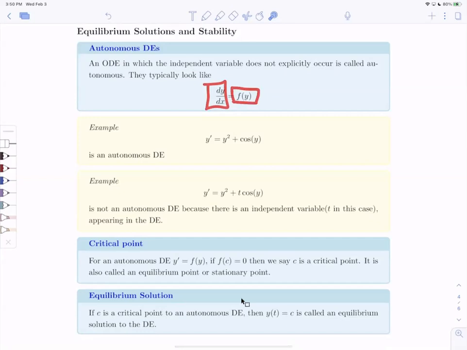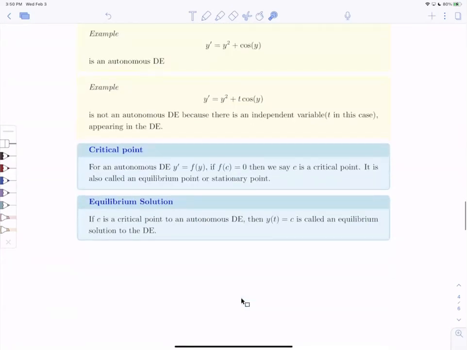You don't have any independent variable on this side. So it's not f of y, x. It's just f of y. Something like this is an autonomous differential equation. And something like this, which has the independent variable t here, is not an autonomous differential equation.